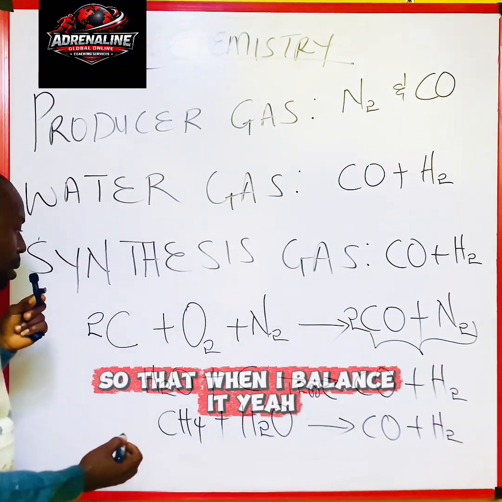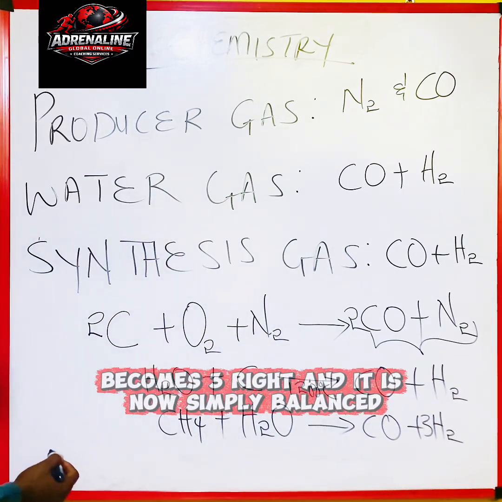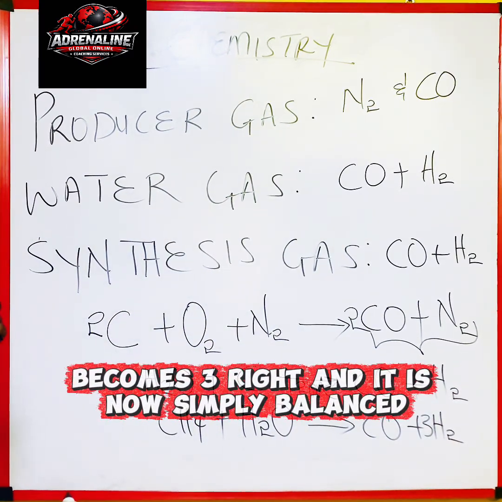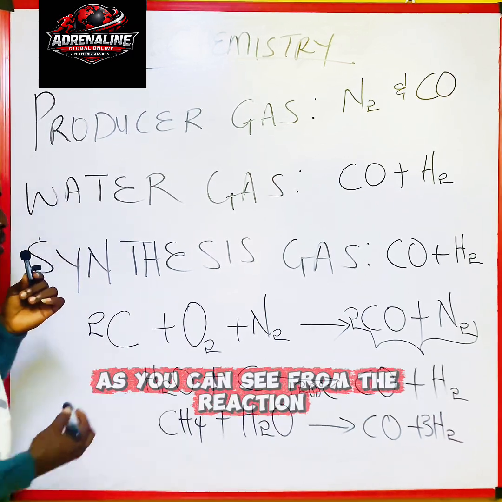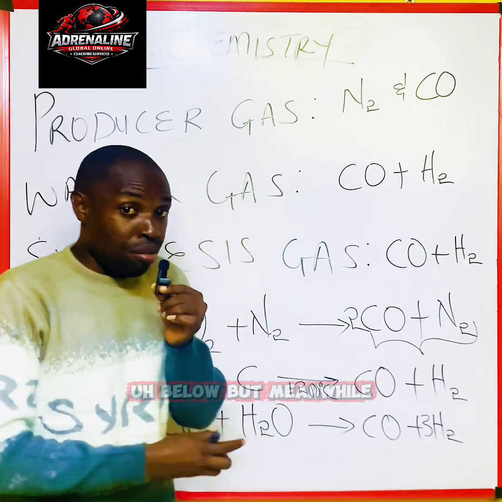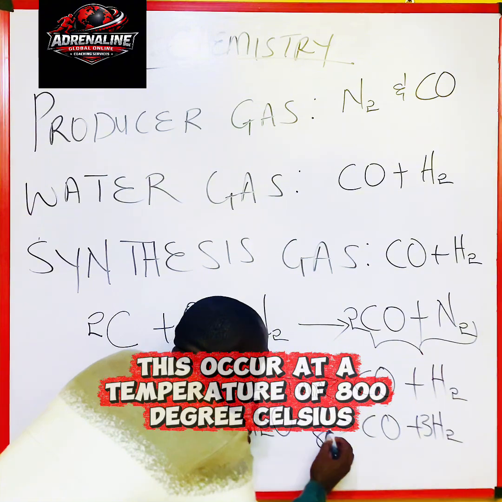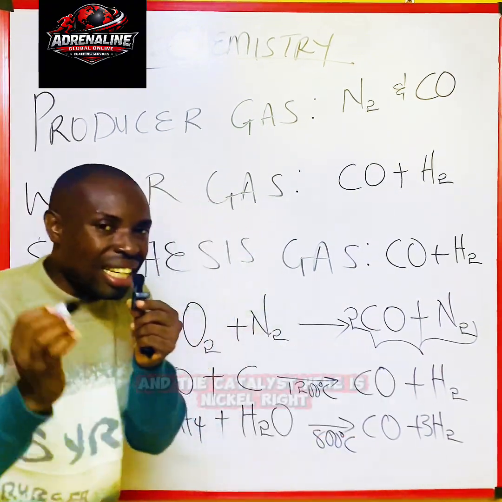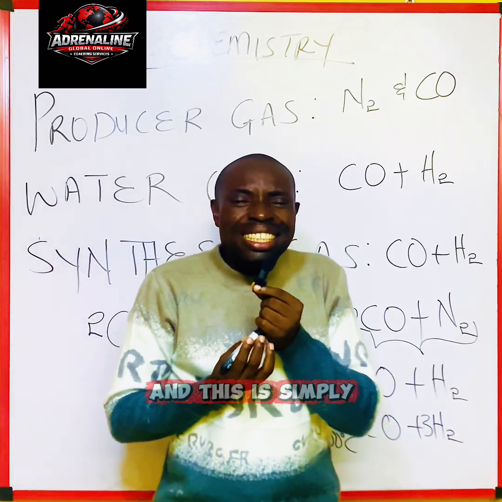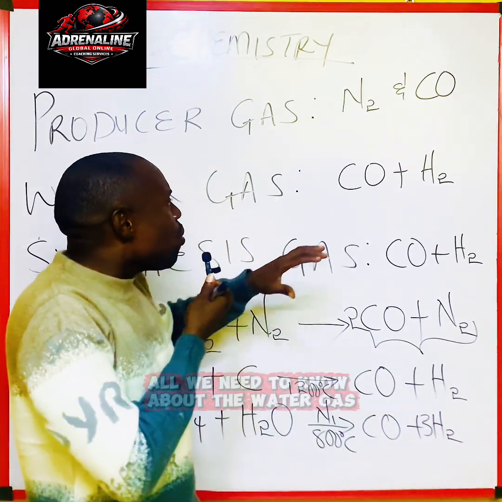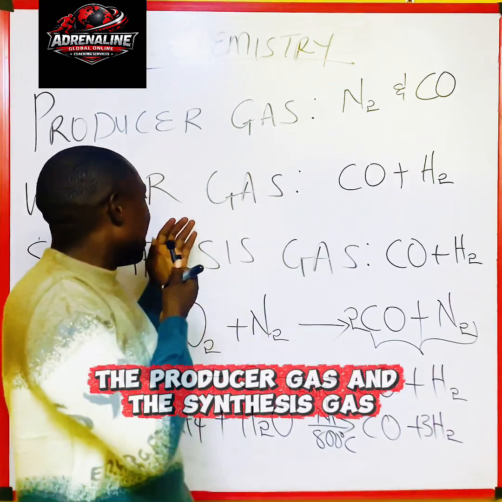So that when I balance it, here becomes 3, and it is now balanced, as you can see from the reaction below. Meanwhile, this occurs at a temperature of 800 degrees Celsius, and the catalyst here is nickel. And this is simply all we need to know about the water gas, the producer gas, and the synthesis gas.